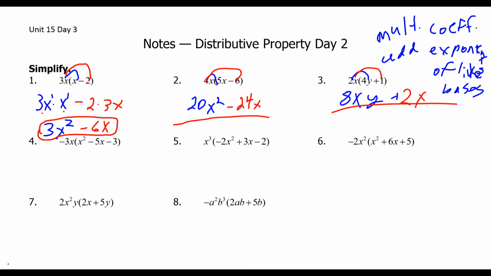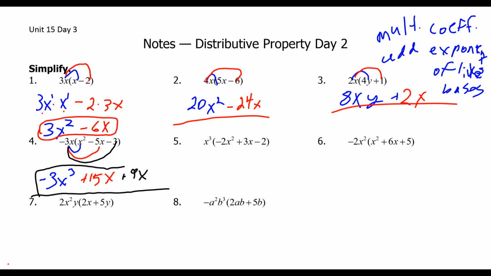Now, number 4. What we need to do is we need to do negative 3x times x squared, negative 3x times negative 5x, and negative 3x times negative 3. When we do this, we're going to wind up with negative 3x to the third plus 15x plus 9x.